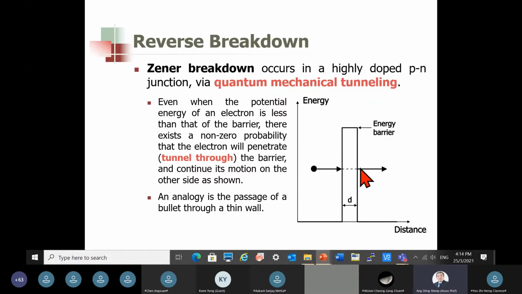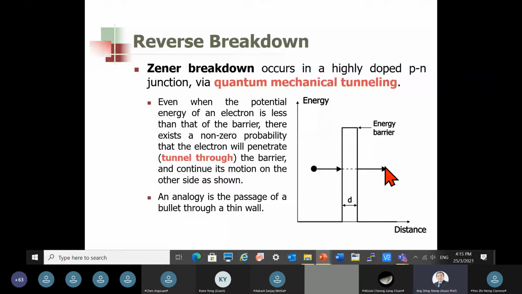But in quantum mechanics, the Schrödinger equation says that there is a finite probability for the electron wave function to penetrate the potential barrier and then exist on the other side of the barrier.